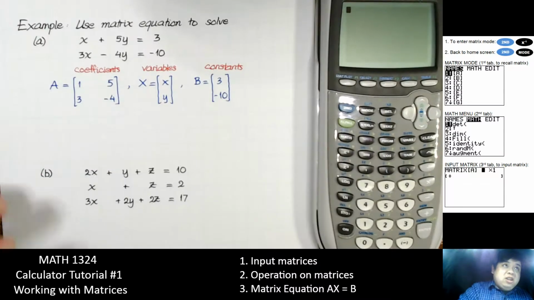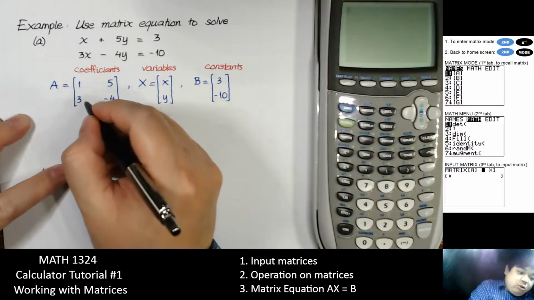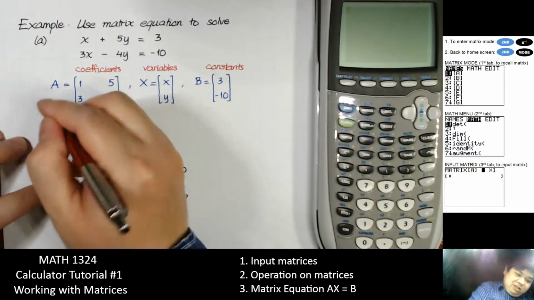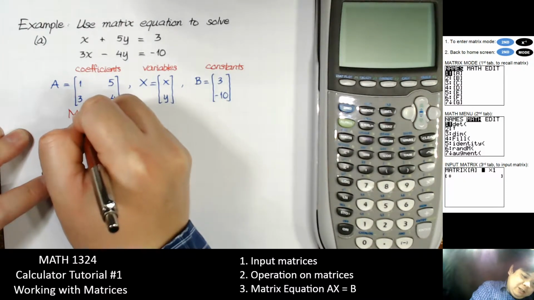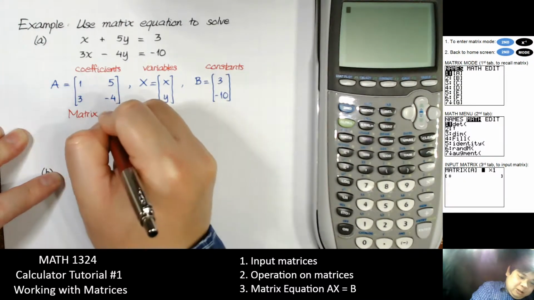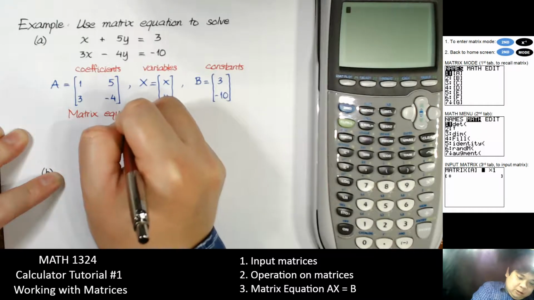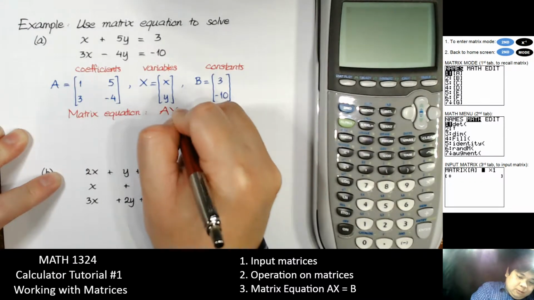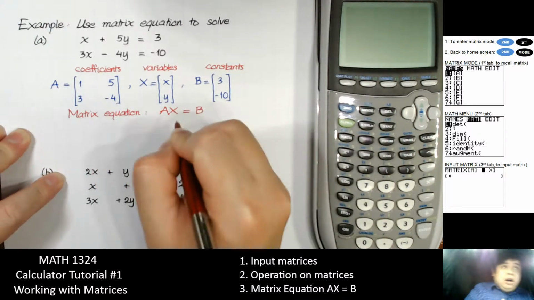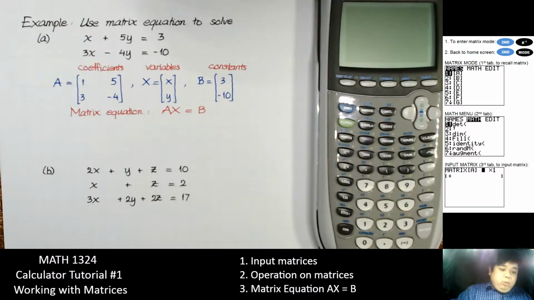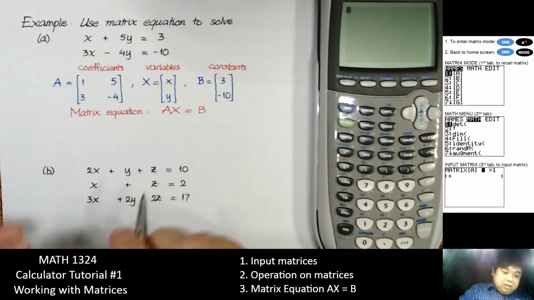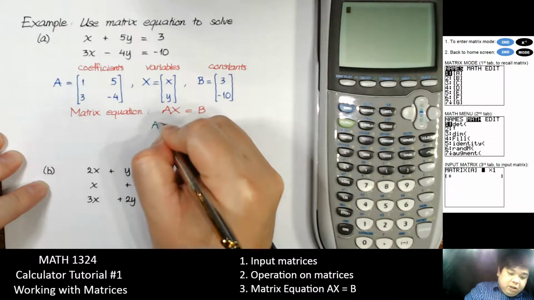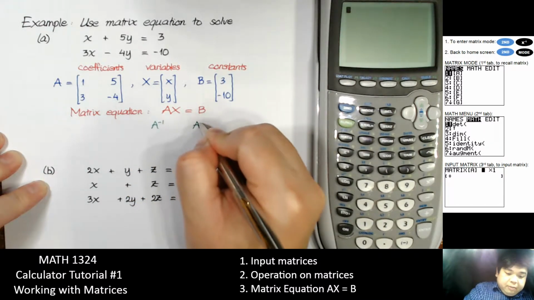You cannot enter X. However, we will have the matrix equation AX equal to B, and if we want to solve for X, we multiply the inverse of A on both sides.